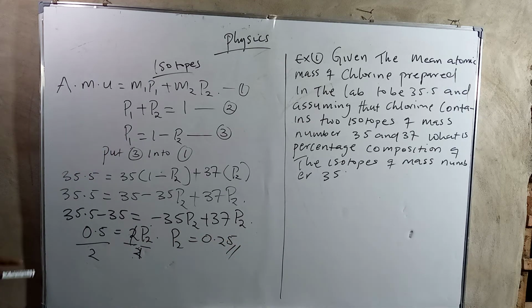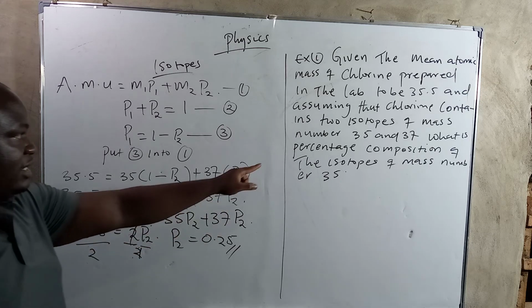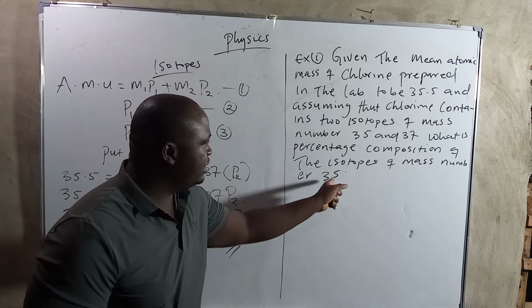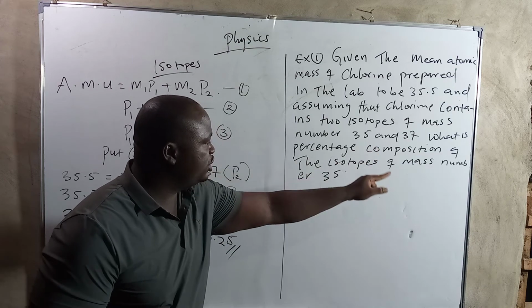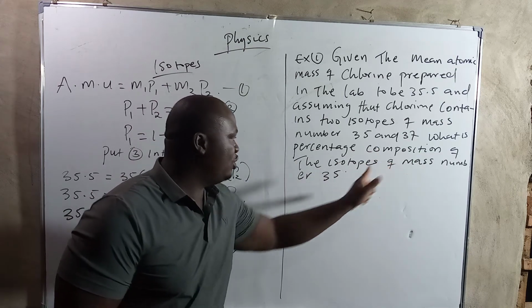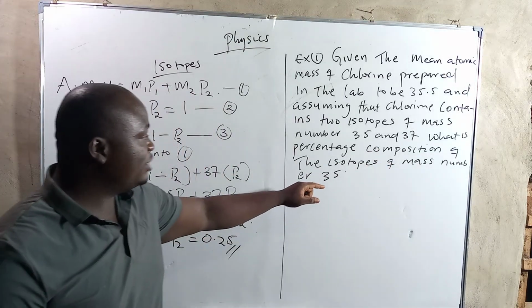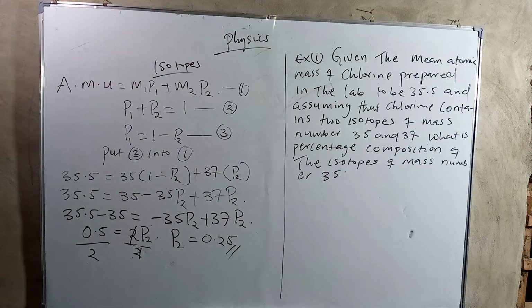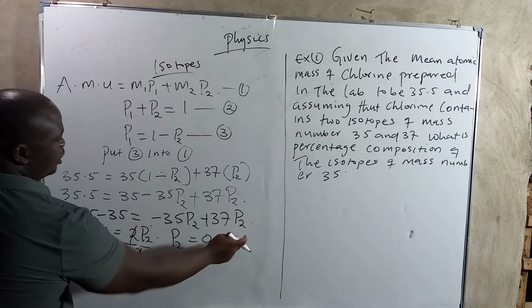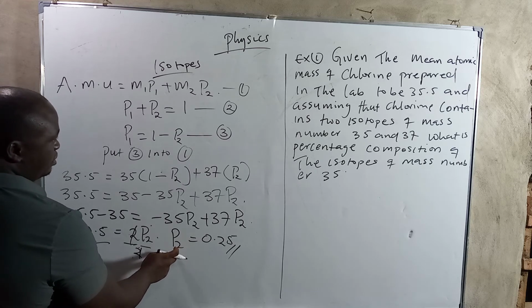Now for the percentage composition, remember they asked for the percentage composition of the isotope of mass number 35. The one that has mass number 35 is P1, right? So the one I got is that of P2.